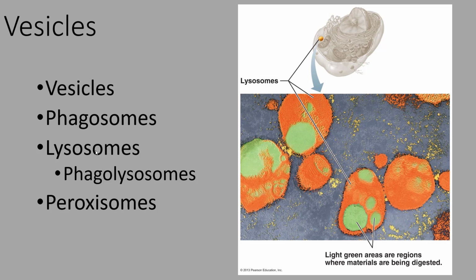The proteins they have inside are digestive enzymes. Lysosomes are vesicles that contain digestive enzymes. When the cell needs to digest something, a lysosome is what's going to do that. So let's backtrack and see where lysosomes come from.